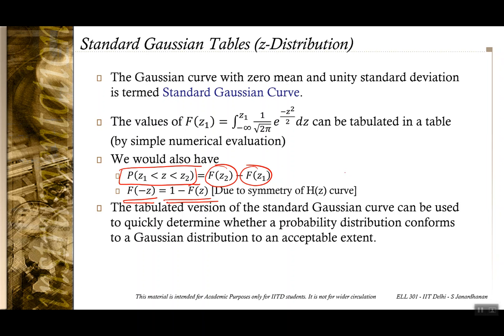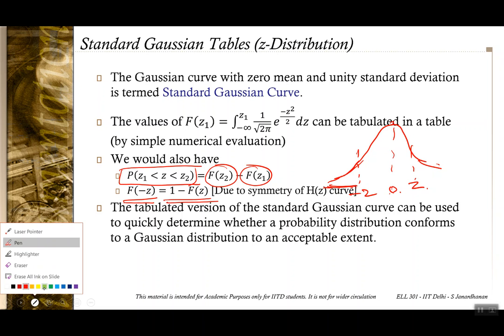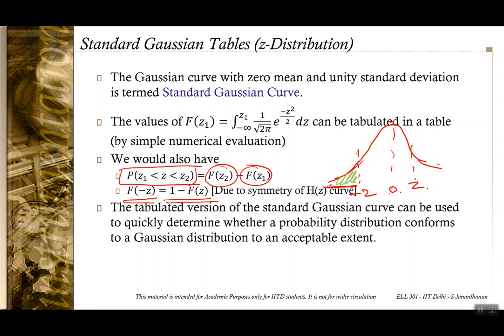Okay, let's see how that happens. Now f of minus z: if I have z here, this is minus z, this is centered at 0, f of minus z is this part of the curve. And f of z is this part of the curve going from here to z.